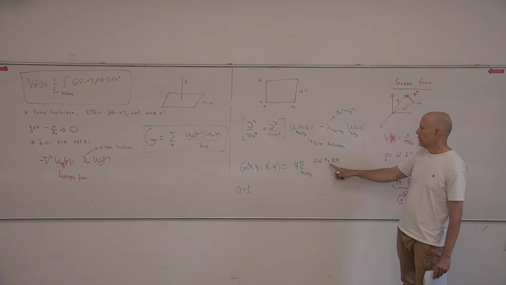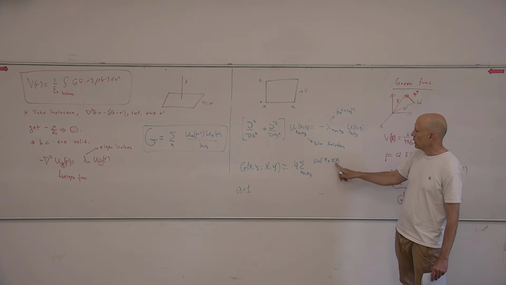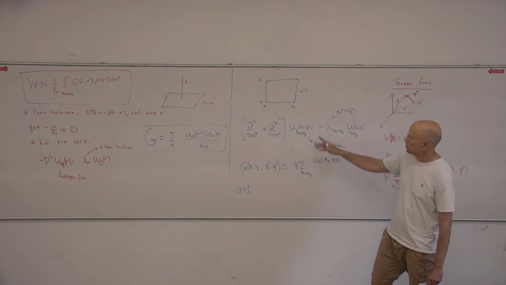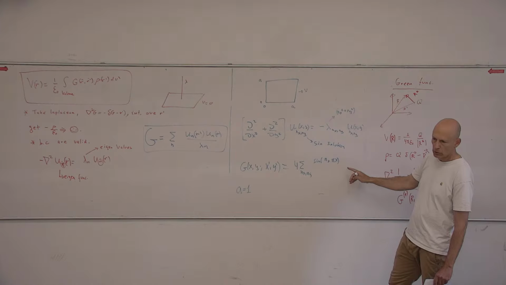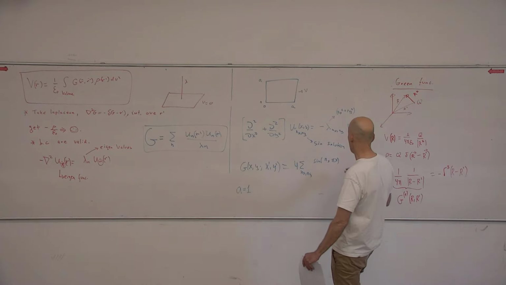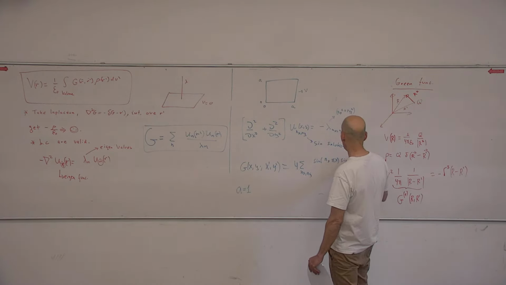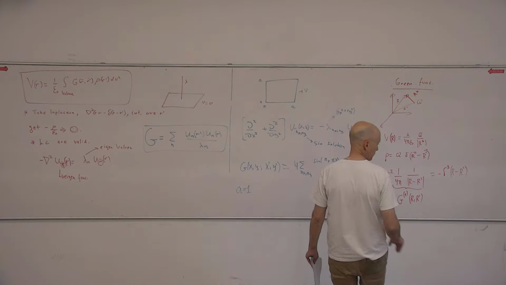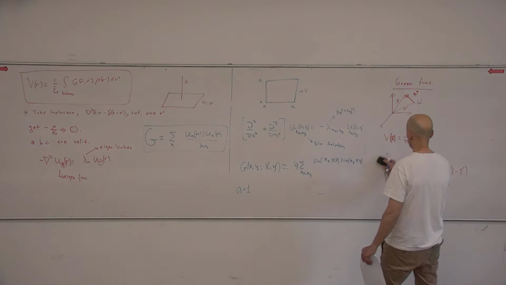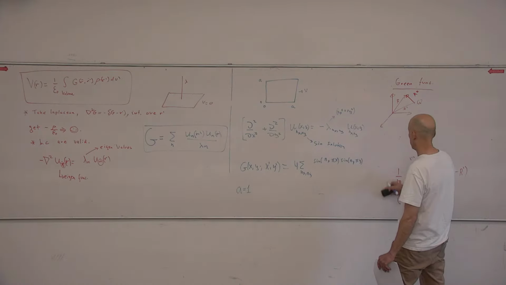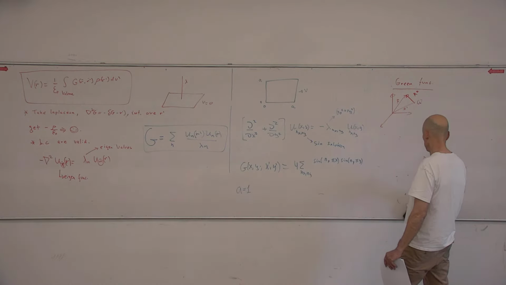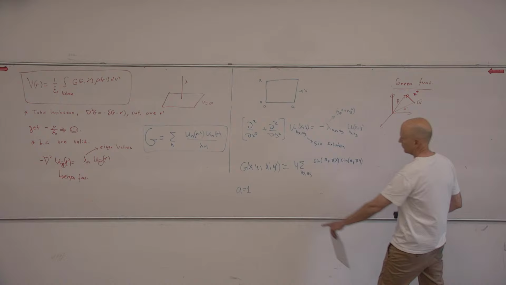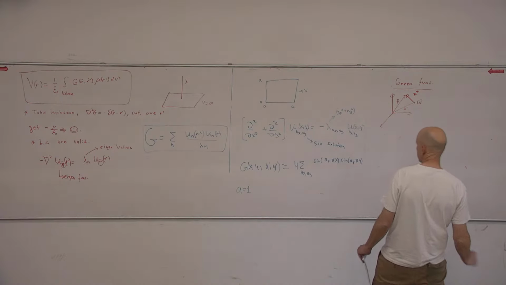So sine of nx pi x, so it means that when x is equal to a, which is on the boundary, this function is 0. That's the boundary condition, right? Because I just put it. And then I have sine of ny pi y. What else do I have? The same function, but with x prime and y prime.